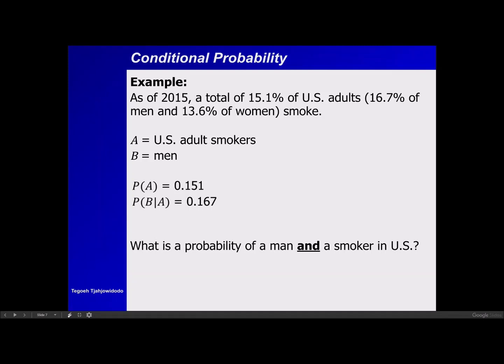So the probability of A and B occurring together will be equal to the probability of A, which is 0.151, multiplied by the probability of B, given that event A occurs, which is 0.167. Okay, so this is an example of conditional probability.